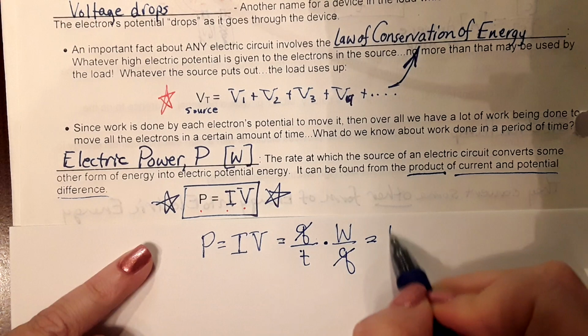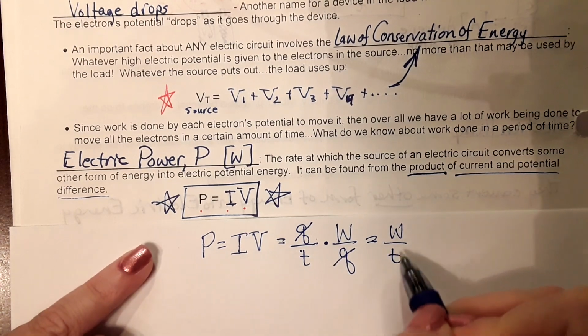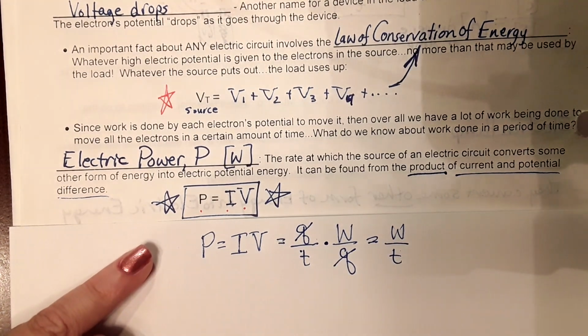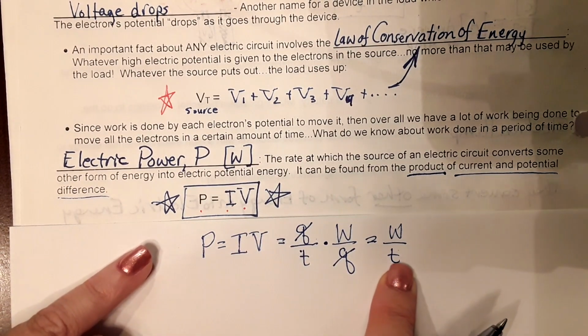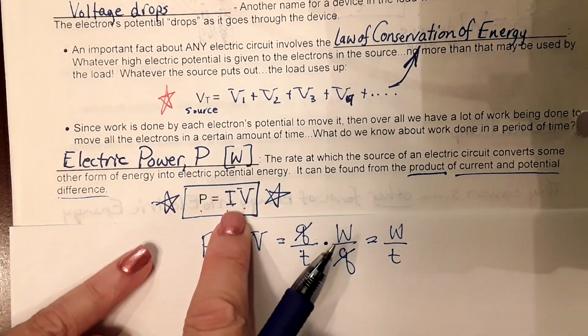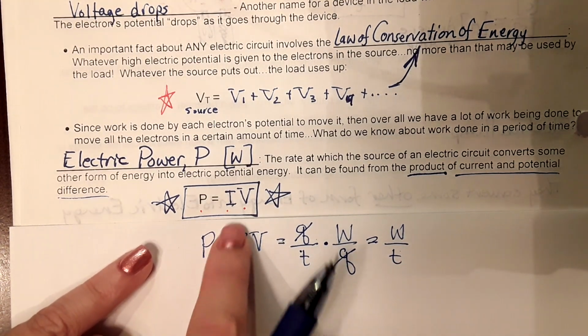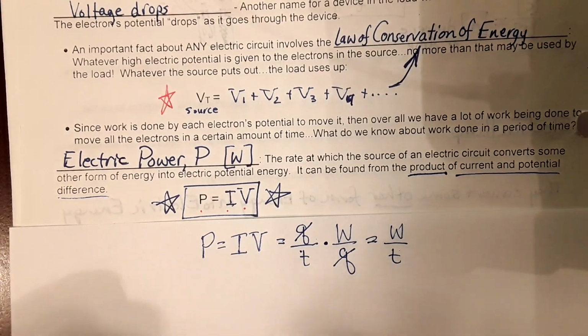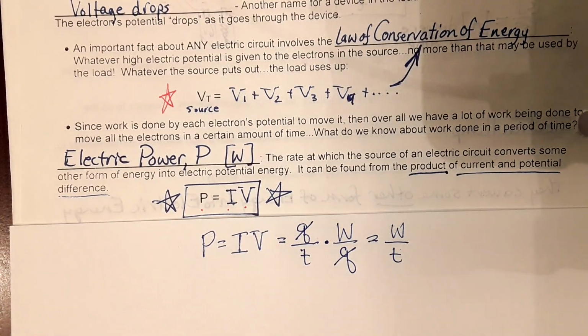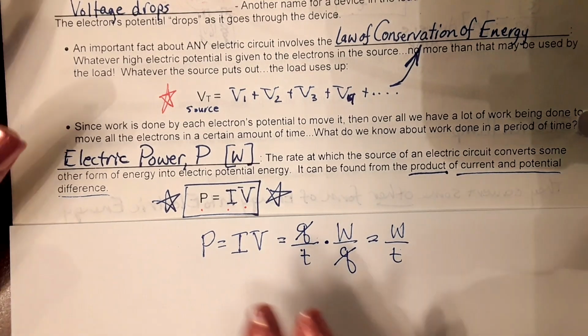We end up with work over time, which we know is power. So this product in electrical measurements is the same as this: rate of work done, and current times potential difference. It's still power. Okay? So I like to call it PIV. All right? PIV is electric power. PIV. We like that.